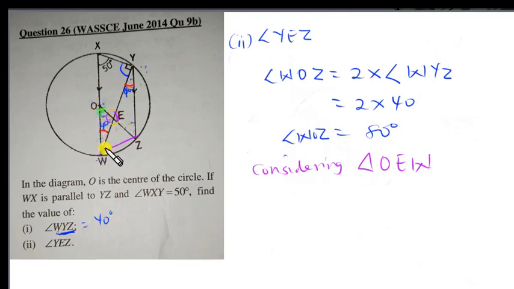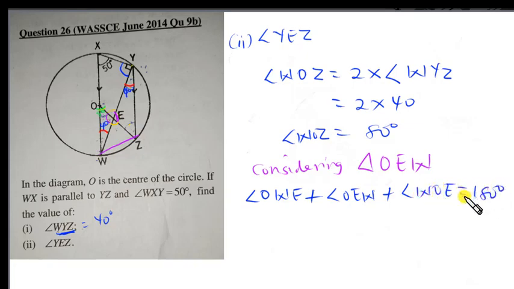I'm going to call this angle OWE. So the angle OWE plus the angle that we want to find, angle OEW, plus the angle WOE is equal to 180 degrees, because the sum of the interior angles of a triangle is 180 degrees.